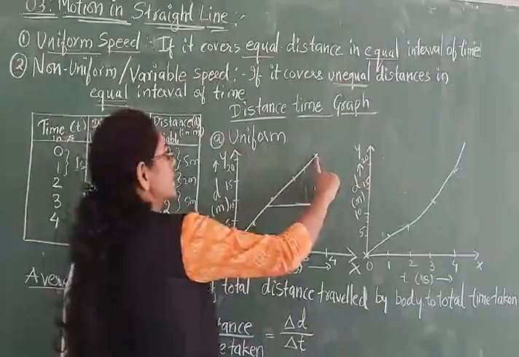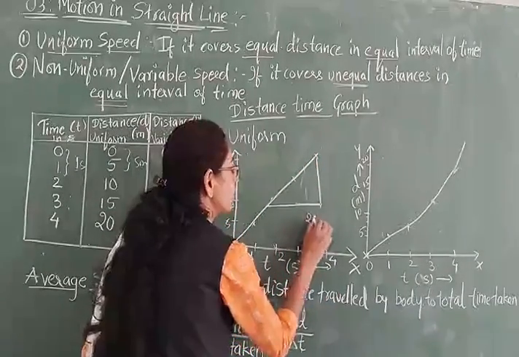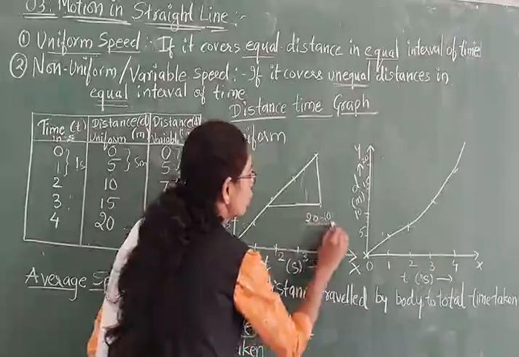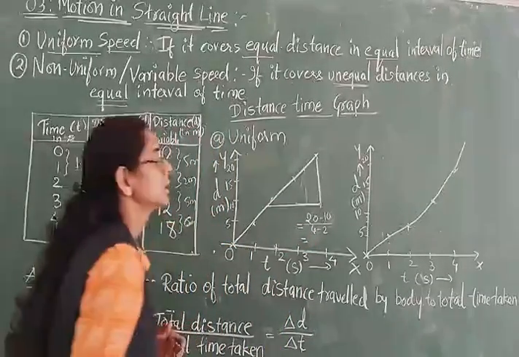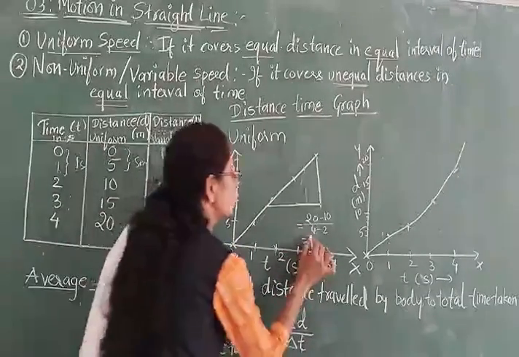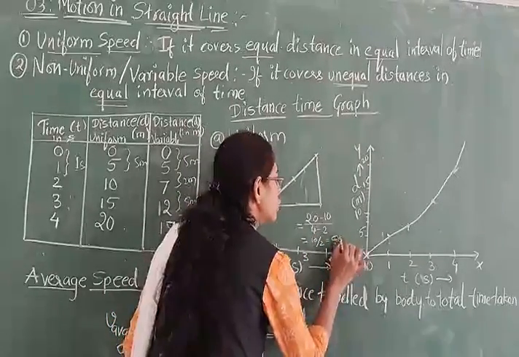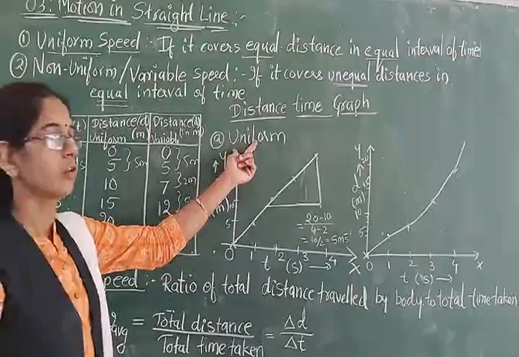The distance is 20 minus 10, and the time is 4 minus 2. So in this case, the speed of the object is 10 by 2, which is equivalent to 5 meter per second. So this is the case for uniform speed.